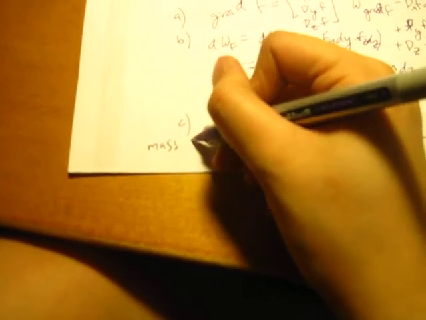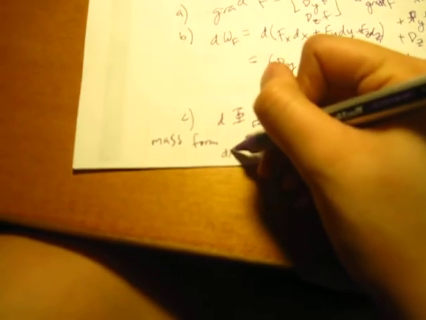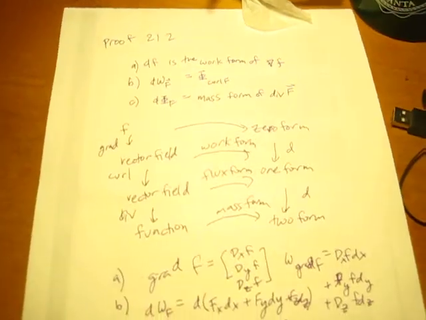And this right here is the div. So then this is essentially the mass form, and then if you go to mass form of the div equals this form right here. And that is proof 21.2.